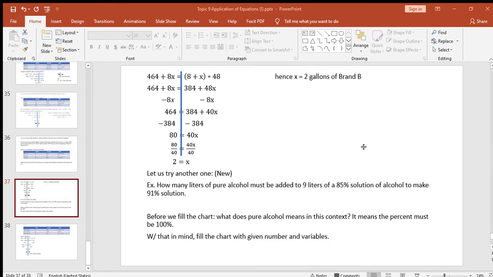But in distance, rate, and time problems, we're going to choose where we put the variables. So how do we even choose? Can we just choose willy-nilly?